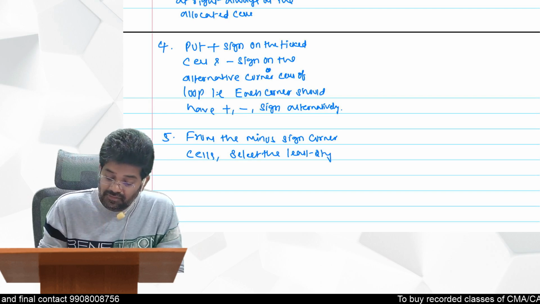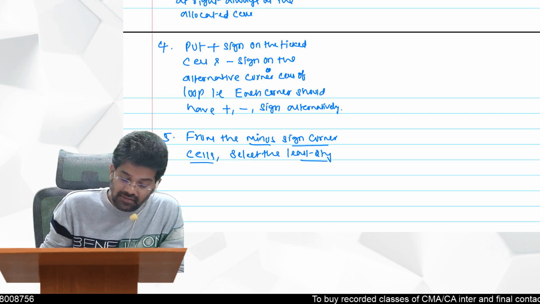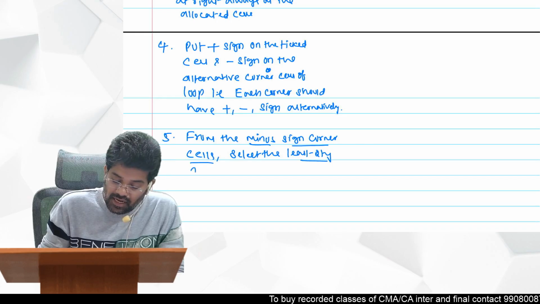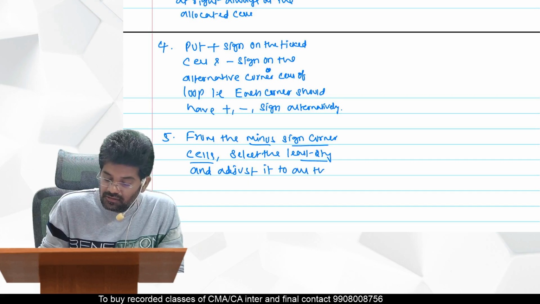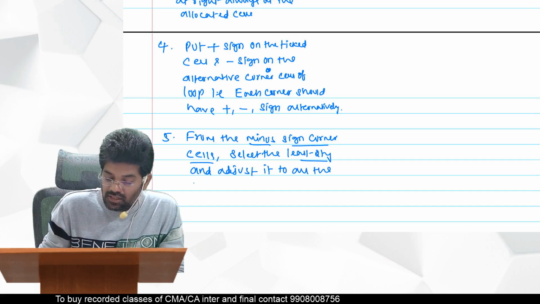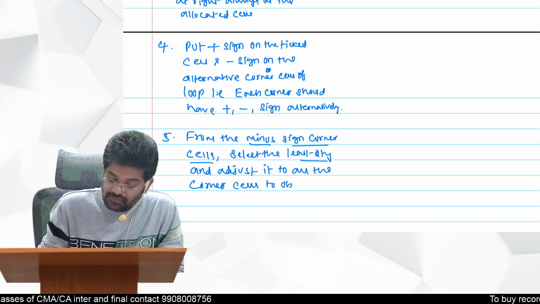Out of that minus sign corner cell, select the least quantity, and adjust it to all the corner cells to obtain the revised allocation.